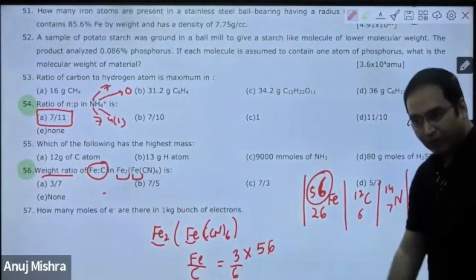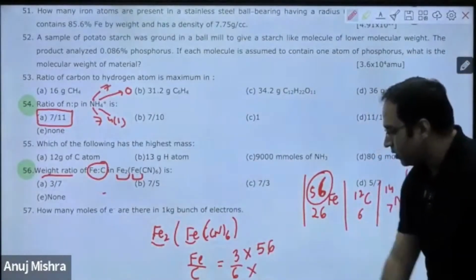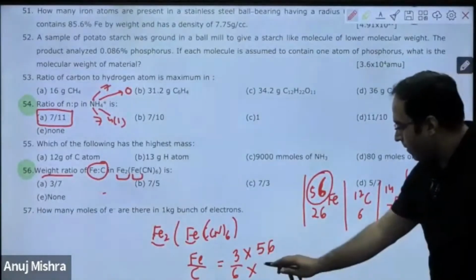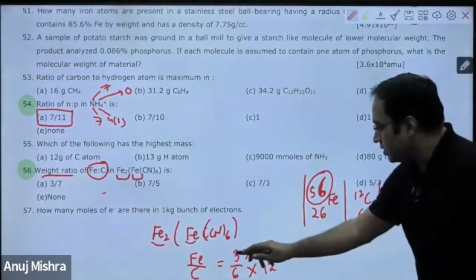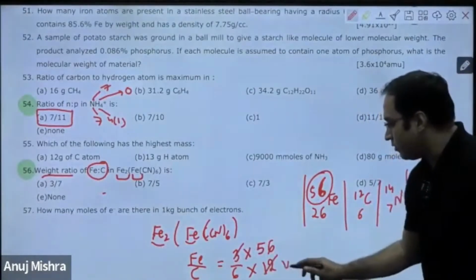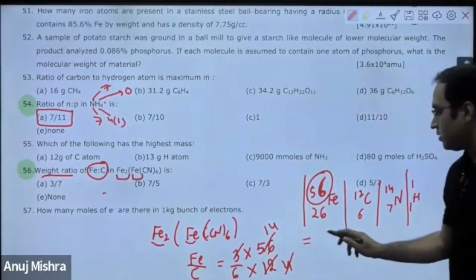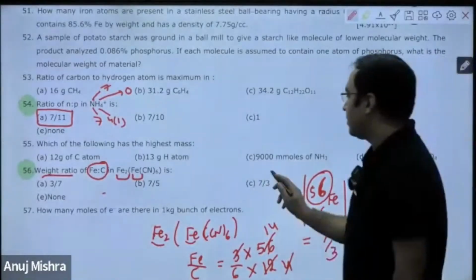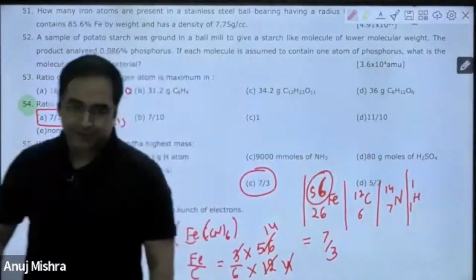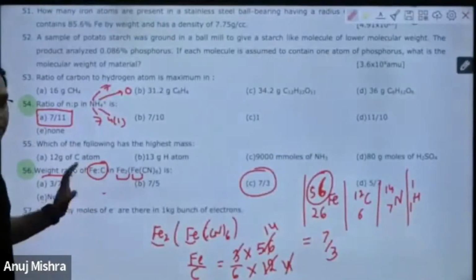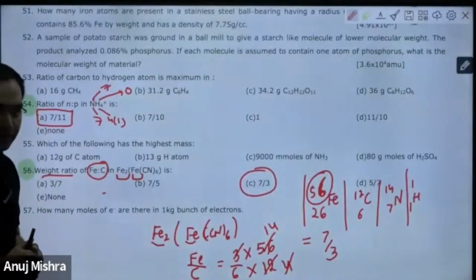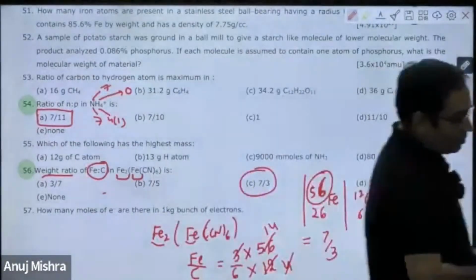Moles into atomic weight. Is it clear? And what should I multiply here? Samriddhi? Very good. So if you simplify this calculation, this will be 4 and then this is how much? 14. So answer क्या आएगा? 7/3. Easy? Can we answer such questions with much more comfort now? Great. Now see some more questions.